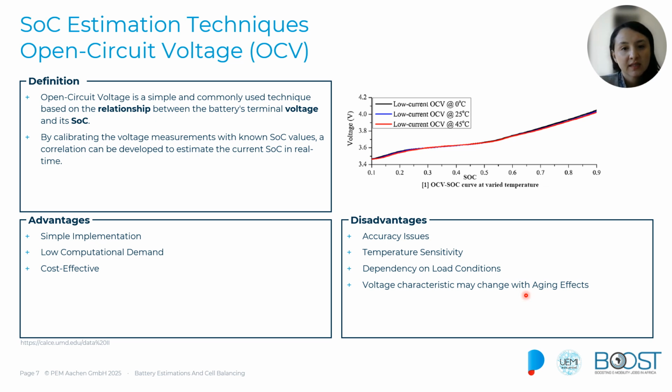Despite this, the OCV method is still one of the most useful methods in applications that do not require real-time operation, or where this is not critical, and also where the cost is one of the major factors, and where we have low computational resources.